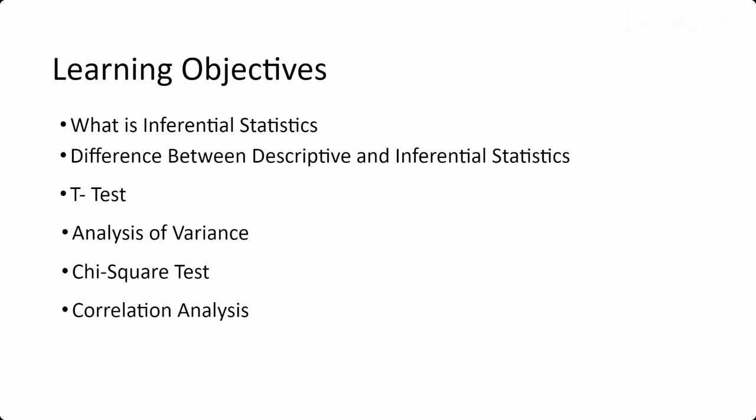We also need to understand the correlation analysis. They are not all of the tests which you need to know under inferential statistics, but these are common tests which may help you through your research studies, your thesis and dissertation.